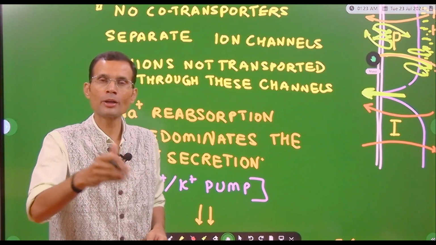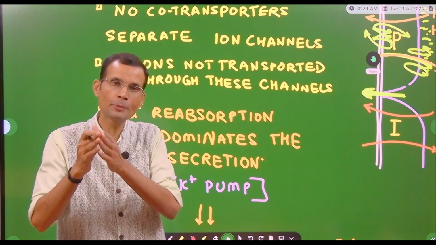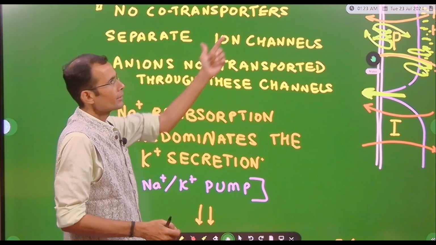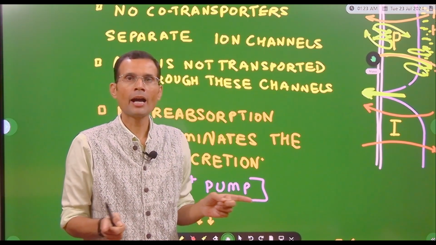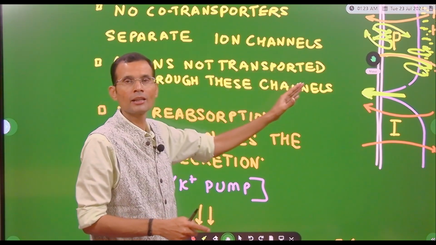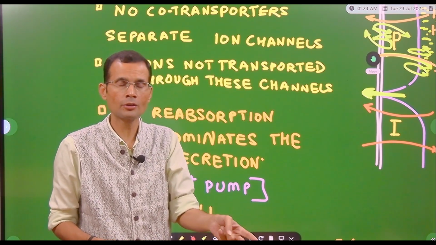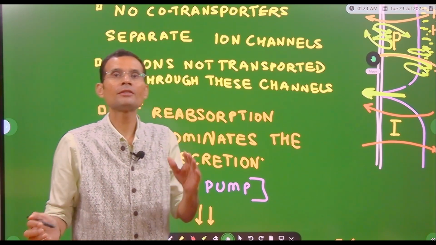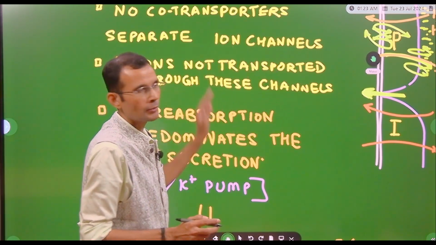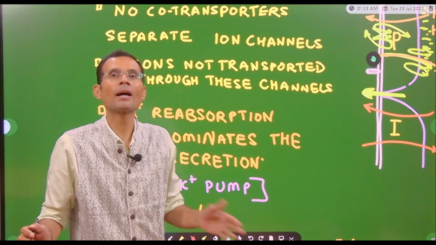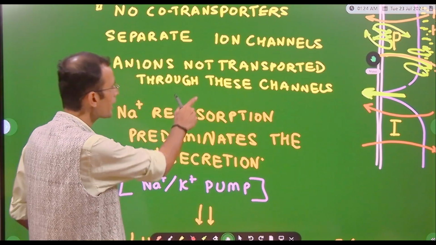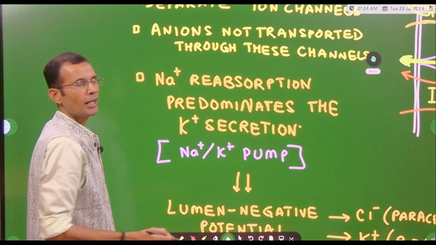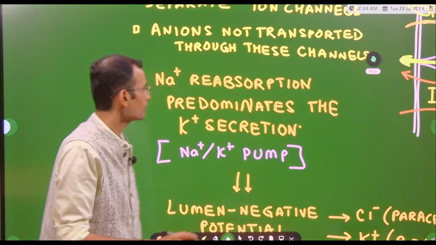In NCC, the sodium chloride co-transporter, chloride was being transported along with sodium by the same transporter. Here, there are separate channels, and there is no channel for chloride as such. There is no chloride transporter present here. So it means chloride is not transported in a transcellular manner. It will be reabsorbed in a paracellular fashion, as we will see later. Anions are excluded from these ion channels. They are for sodium and potassium mainly.